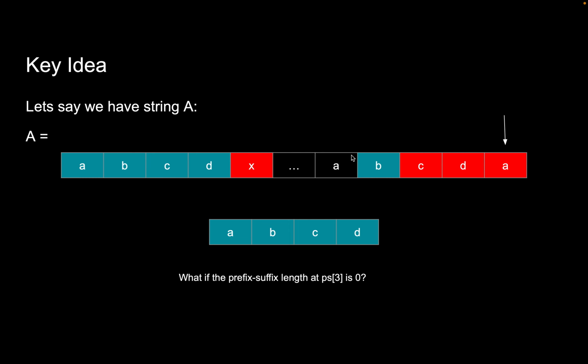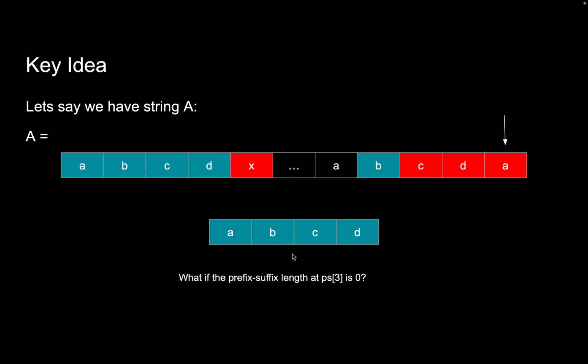Since x does not equal A, we try to go to the next candidate for the prefix suffix length, which will bring us to PS 4 minus 1, which is going to be 3. And what we have here is a subarray called ABCD.